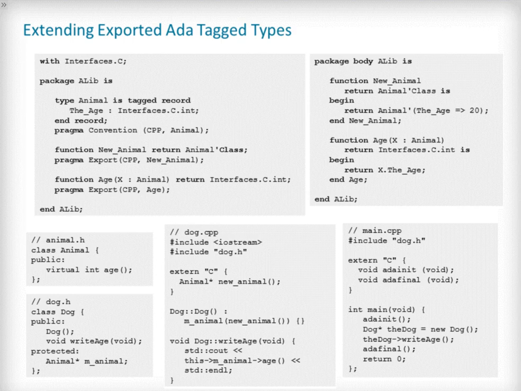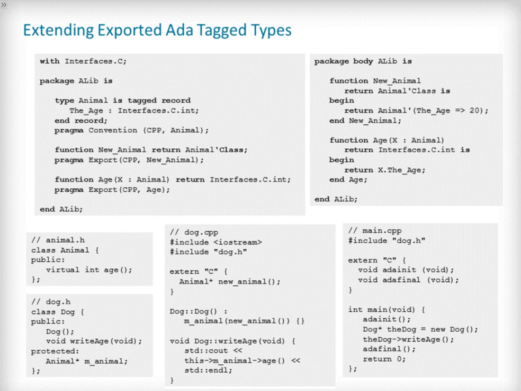Given the package alib and its exported entities to C++, it is possible to derive a new class dog in C++ from the animal class. The dog header file declares a new dog class but adds an instance of animal as a protected attribute. The constructor for the dog class uses the default initialization list to ensure the animal attribute is set to an allocated instance of the class.